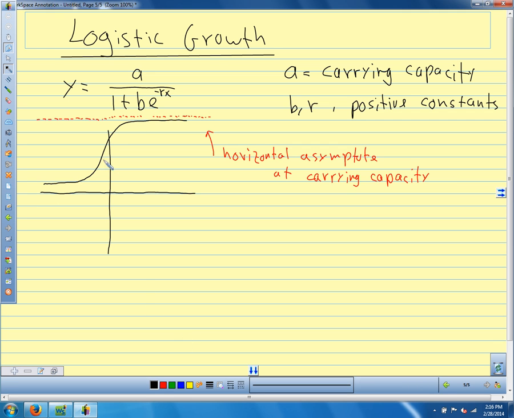And what happens is there's this point kind of in the middle where in this area the growth is increasing. And then here the growth slows down. So the growth is decreasing.